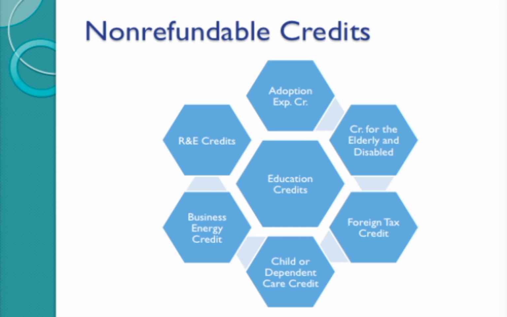These would just be credits that allow you to reduce your tax liability to zero, but not below zero. So if this is the only type of credit that you had, you could end up not owing any tax and getting all the money you paid in back, but you couldn't get anything above and beyond that.